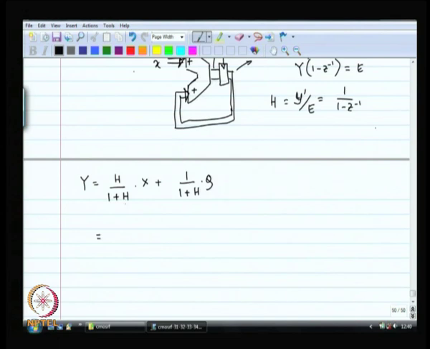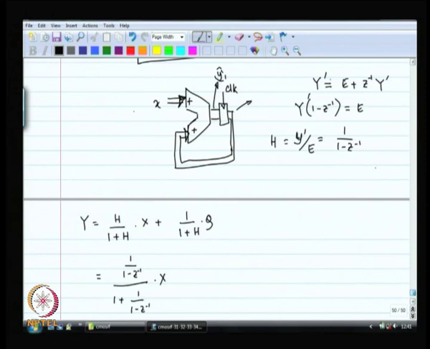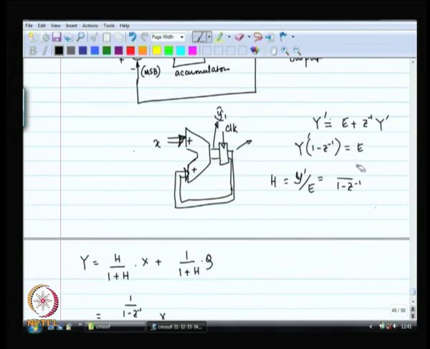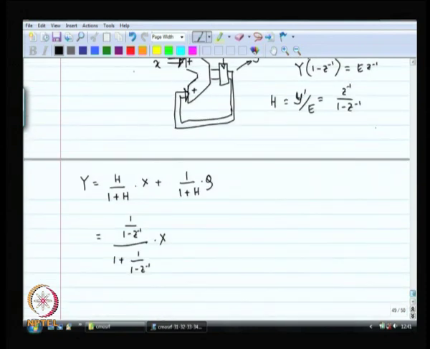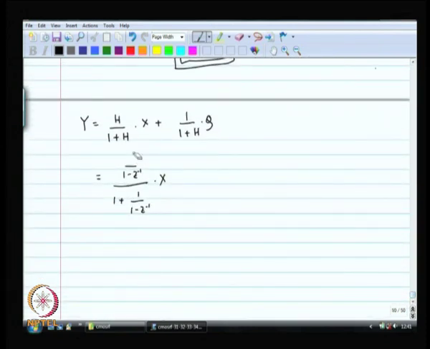So, that makes it, okay. Let us say h is z inverse by 1 minus z inverse. I am going to do what suits me best.